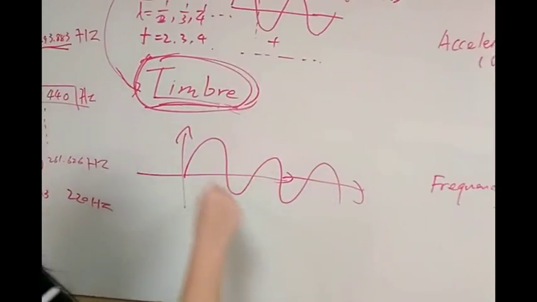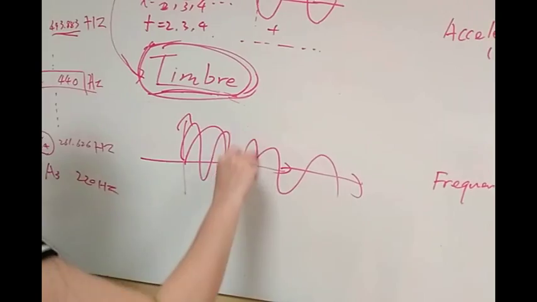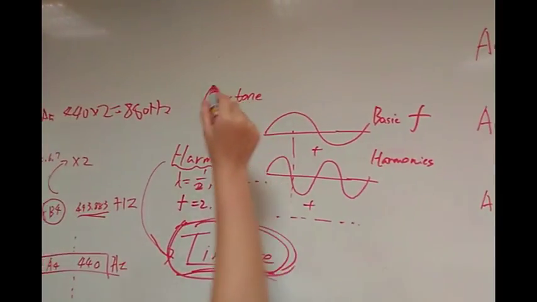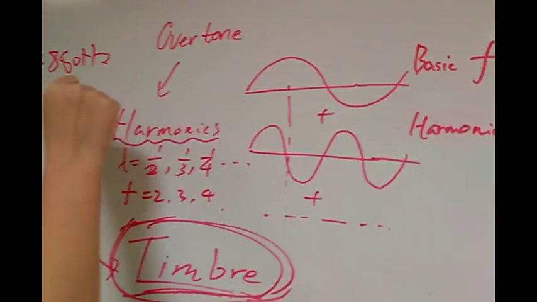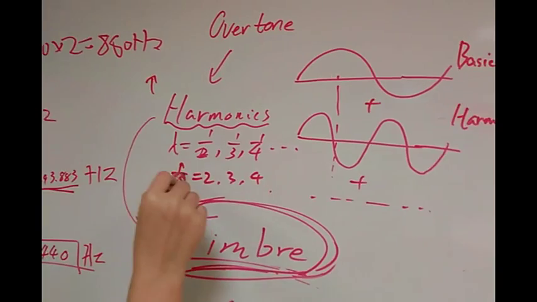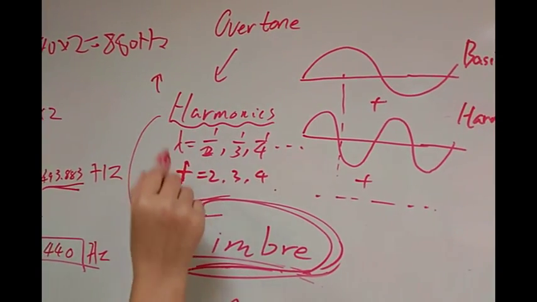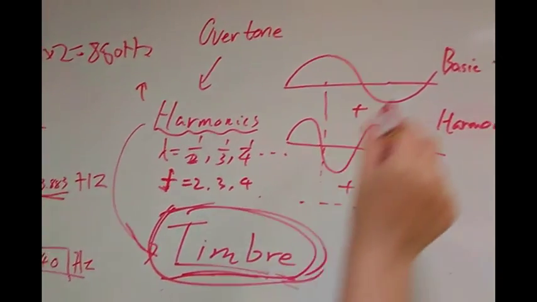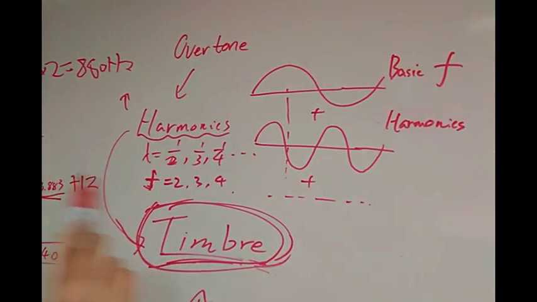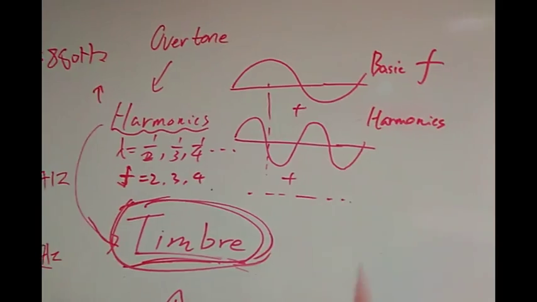It consists of multiple small components, and these components are called overtones. Overtones can be classified into harmonics and non-harmonics. Harmonics are those components whose frequencies are integer multiples of the basic frequency. If it's an integer, it's harmonic. If it's non-integer, it's non-harmonic.